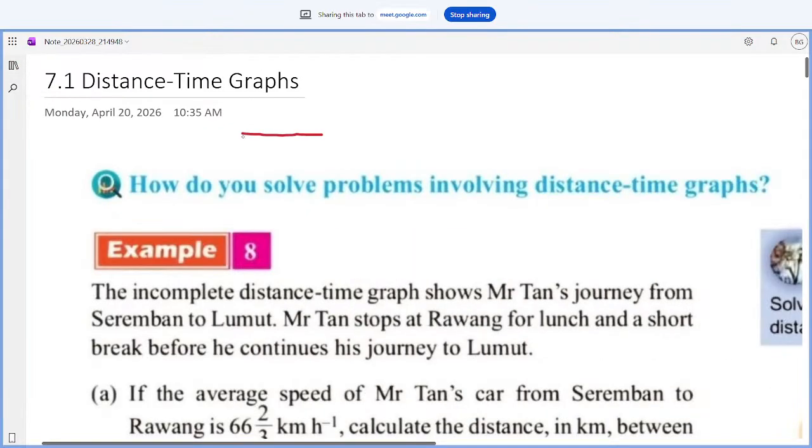Kalau dia mendatar macam ni, maksudnya objek tu berhenti. The gradient here is zero, right, guys? Kecerunan kosong, maka kelajuan tu juga kosong. Sebab kecerunan tu kelajuan. You must remember that. In a distance time graph, the gradient is the speed. So gradient zero means speed also zero, means the object is stationary or stopped.